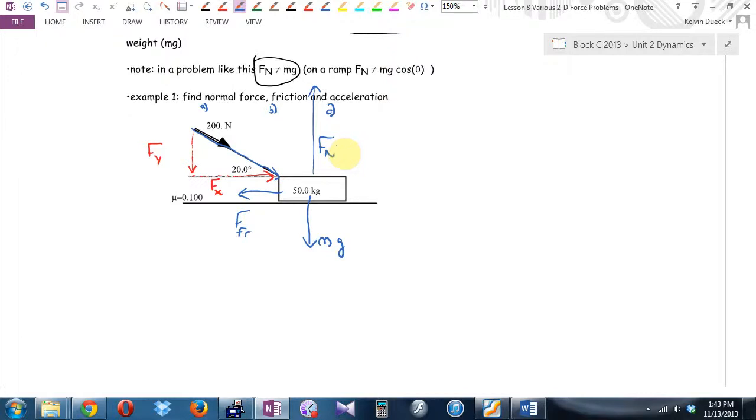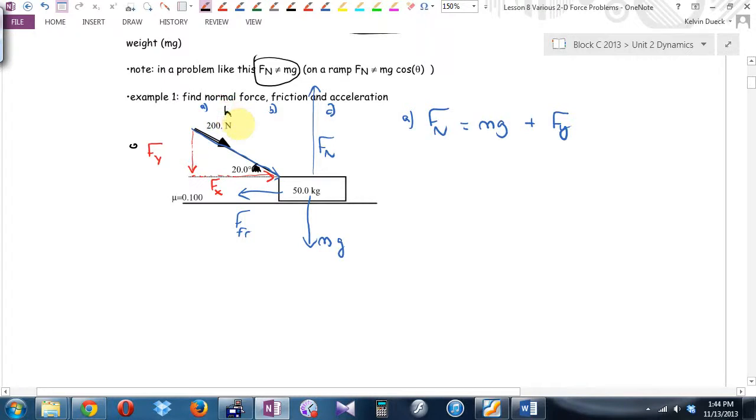Okay. So A says find the normal force. Do you agree with me? The normal force is going to be equal to gravity plus Fy. But we can do more than that. Here's my 20-degree angle. So Fy, opposite, adjacent, or hypotenuse? Opposite. And this 200 here, adjacent or hypotenuse?